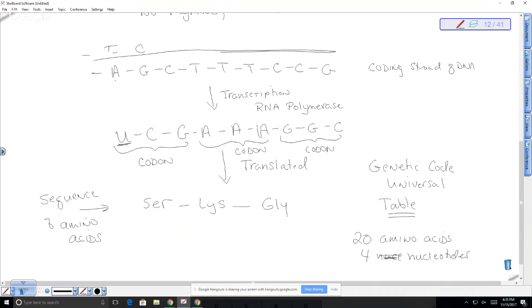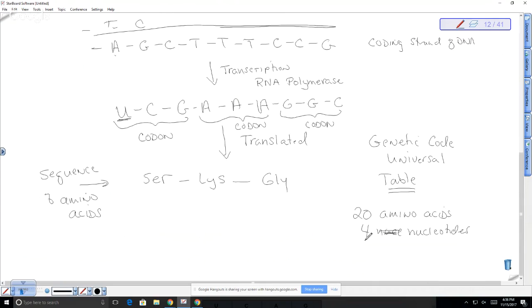If it was a single letter, and each nucleotide, like U coded for an amino acid, C coded for an amino acid, G coded for an amino acid, we could only code for 4 different amino acids, not 20, right? If we had a 2-letter code, that would still not give us enough combinations. So it has to be a 3-letter code, okay?